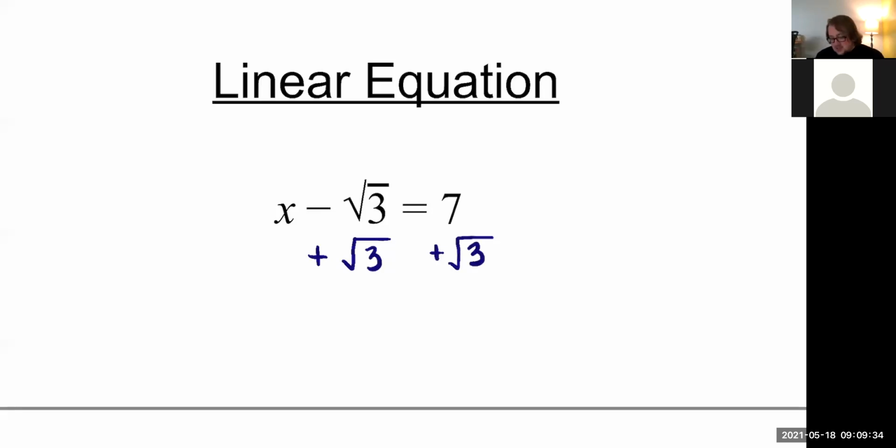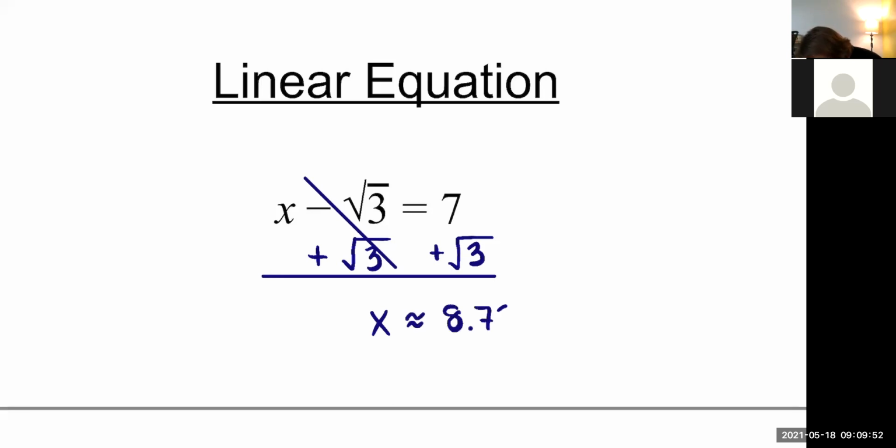But I could add that square root of 3 to both sides. That would get rid of it from the left-hand side, leaving x by itself. And you said about 1.73. So actually, let me say approximately 8.73, because 7 plus the 1.73 would give you approximately 8.73.